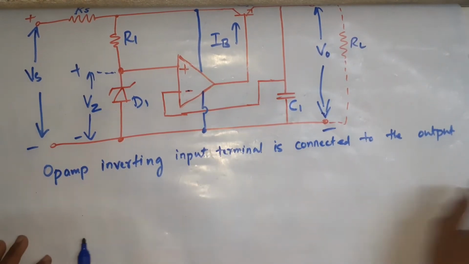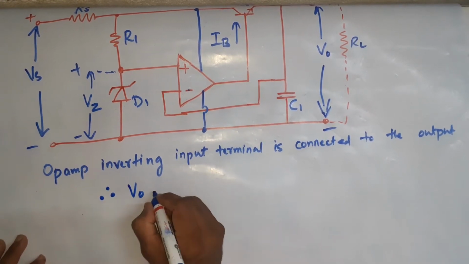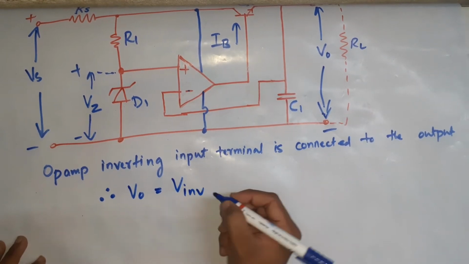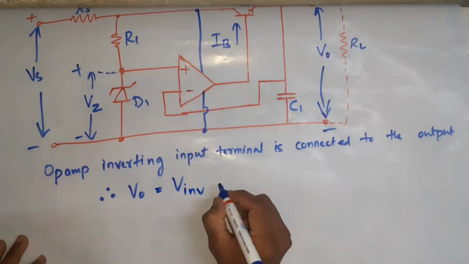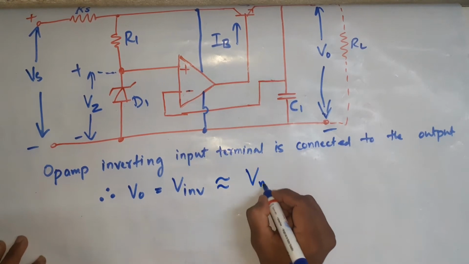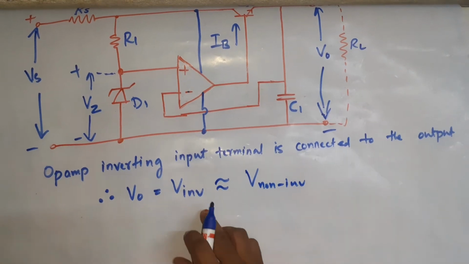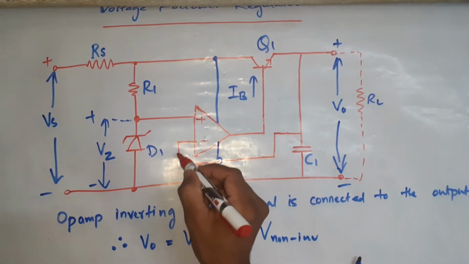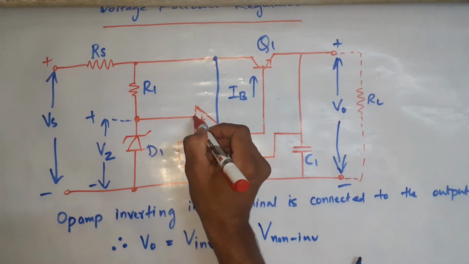So I can write, therefore, V0 output is connected to our inverting voltage terminal, right? Now I can also write this as V non-inverting. How is this? If this V0 is appearing here, this voltage is also available here.